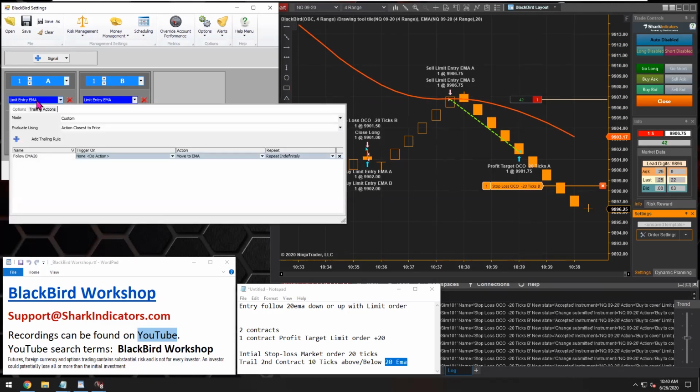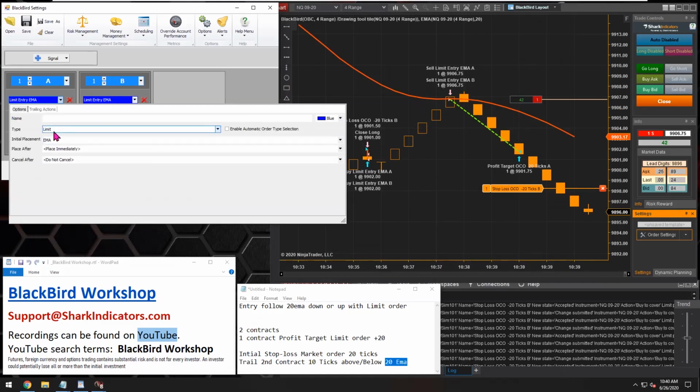Since it's a limit, you can only trade in the direction of the side that the price is on the moving average. So if price is below the moving average, you can only take short trades if you wanted to place a limit entry order, right?